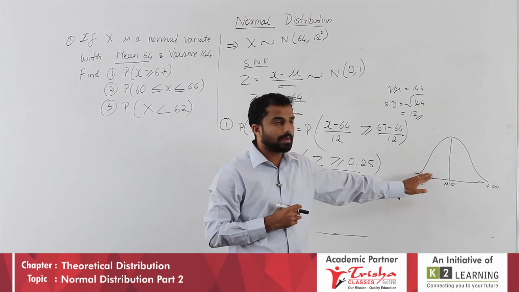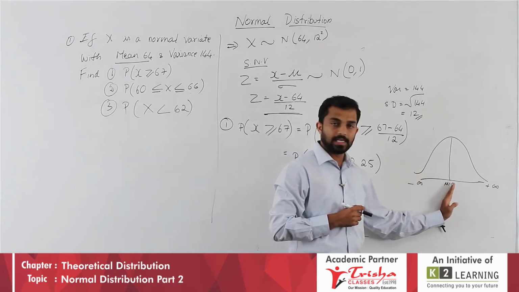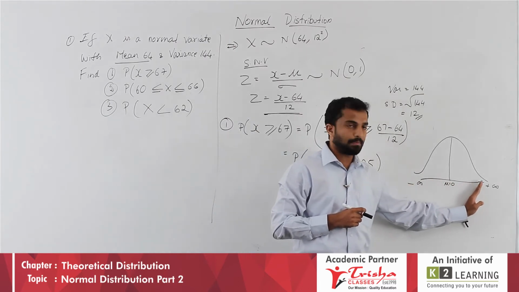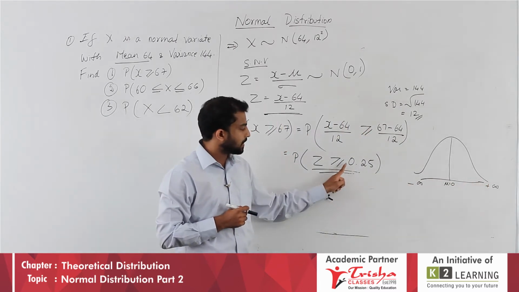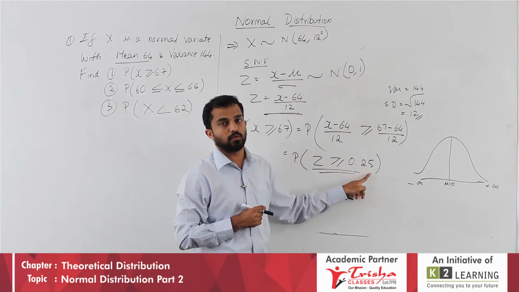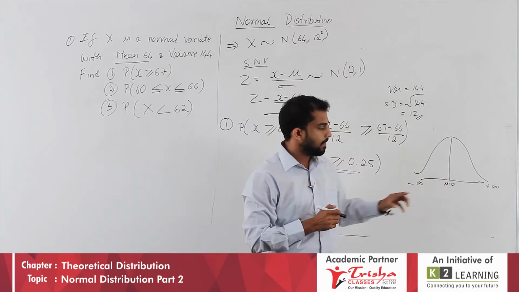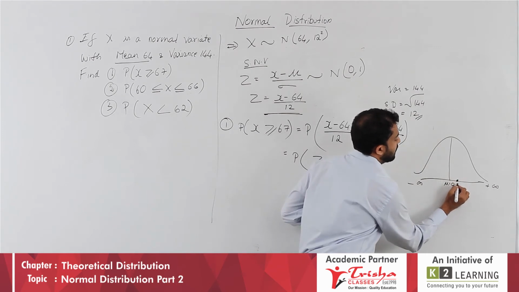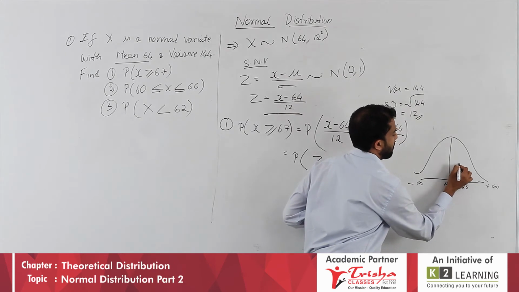Where did this come in the bell-shaped curve? This is 0. These all are minus values. These all are plus values. Here it is plus 0.25. 0 is here. 0.25, that means it will come somewhere here. This is 0.25, this line.